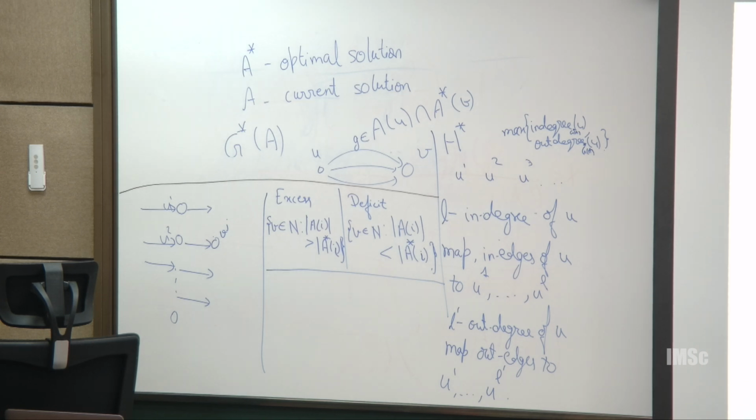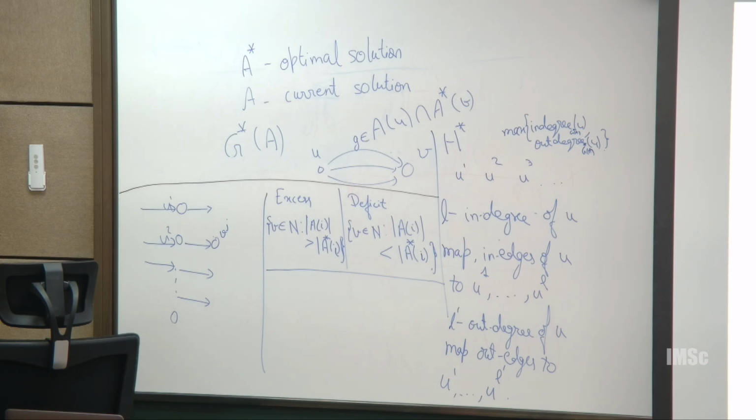So, the point is that we constructed G star to understand what is the difference between A and A star. That is the purpose of constructing graph G star. Then we said G star can be decomposed into paths and cycles, can be partitioned, whatever you want to call. Cycles are not a useful object for me, forget it.